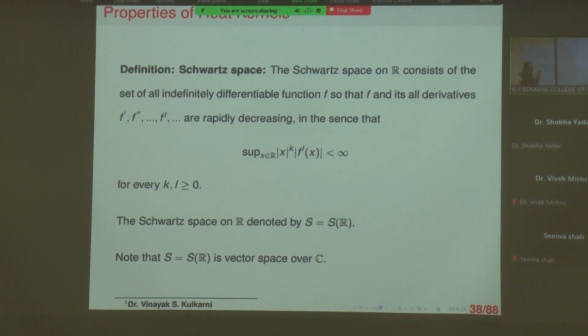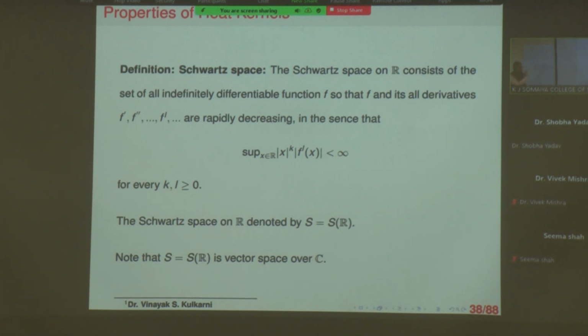The intention behind including this definition is that I will take advantage of it here. It is a rapidly decreasing function, and this is directly applicable to my problem, because, as I told you, e to the power minus lambda, with pi square t, as t tends to infinity, this value tends to 0.